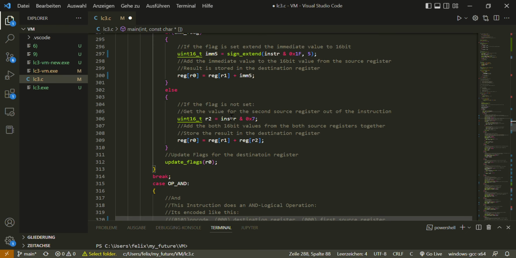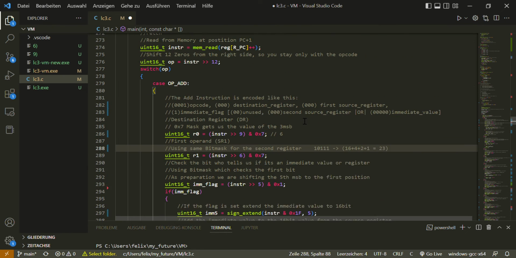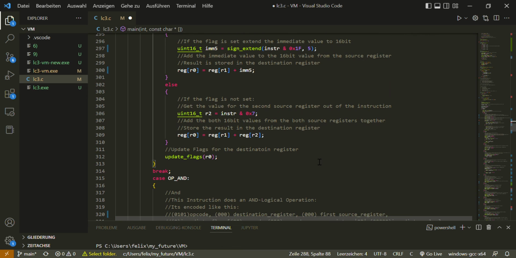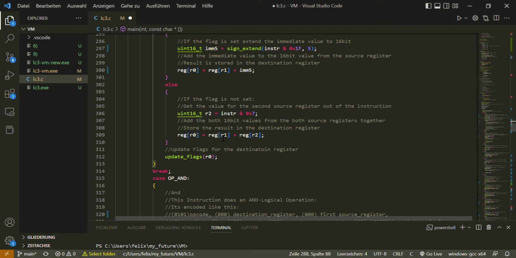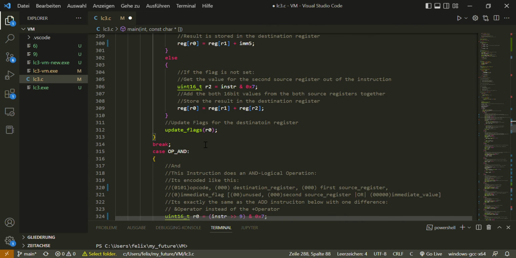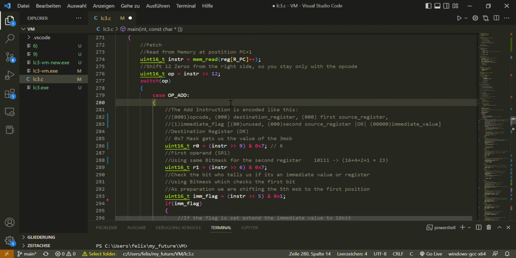If the immediate flag is set to 0, we're just going to make the other interpretation, reading out of the index given by the second source register and adding this value to the value we read out of the index given by the first source register, and then we are storing the result in our array for the registers at the place from the value out of the destination register. Okay, sounds very complicated, but I think it's very easy.